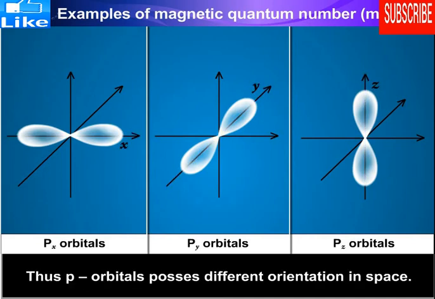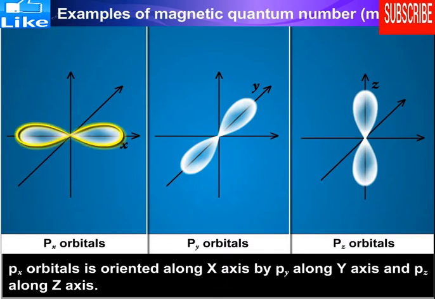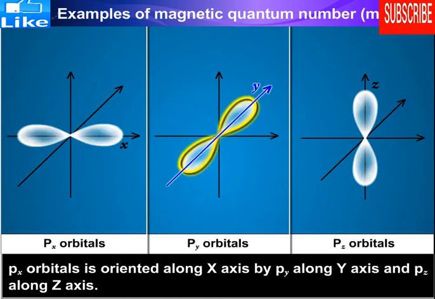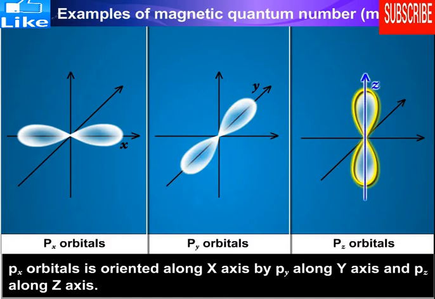Thus, p orbitals possess different orientation in space. px orbital is oriented along x-axis, py along y-axis and pz along z-axis.